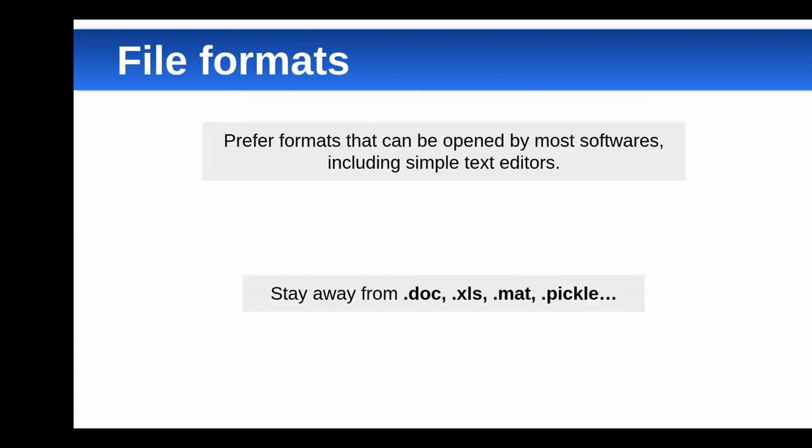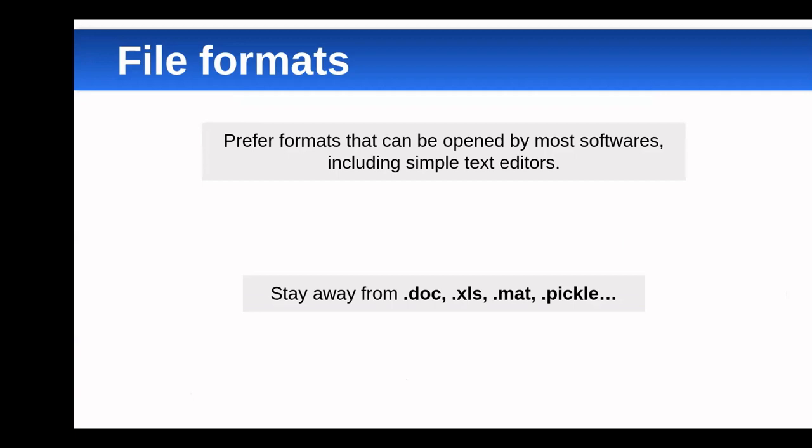But when we're talking about text data or tabular data, the general rule is to stick to formats that can be opened in a very simple text editor, right? Where you don't need a license or the software is not proprietary in any way.